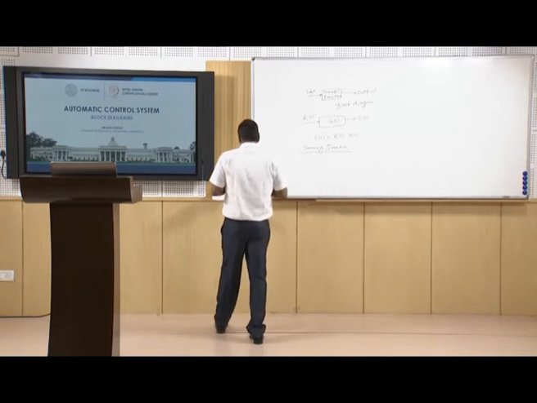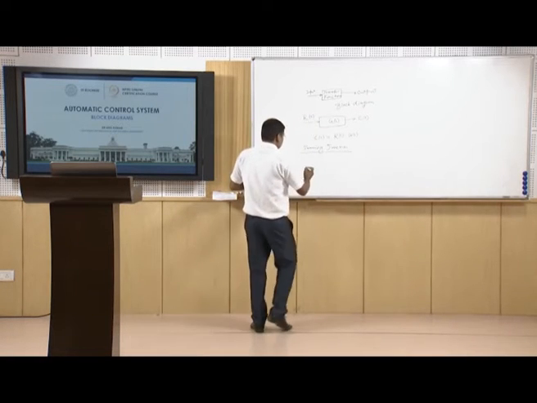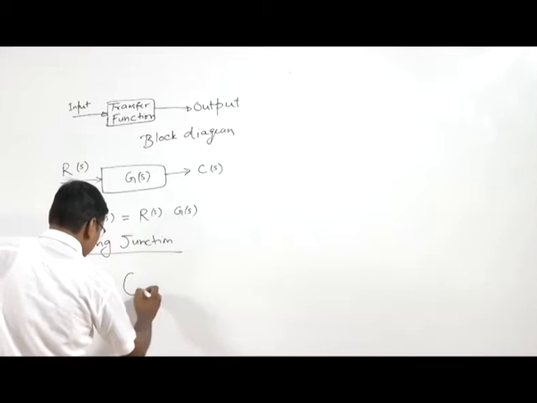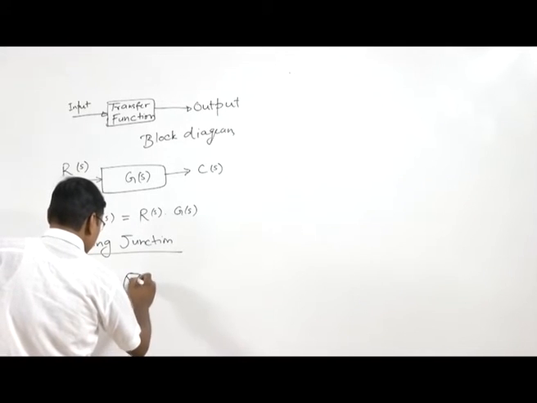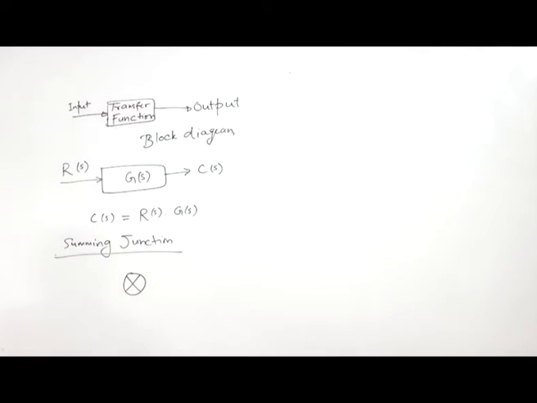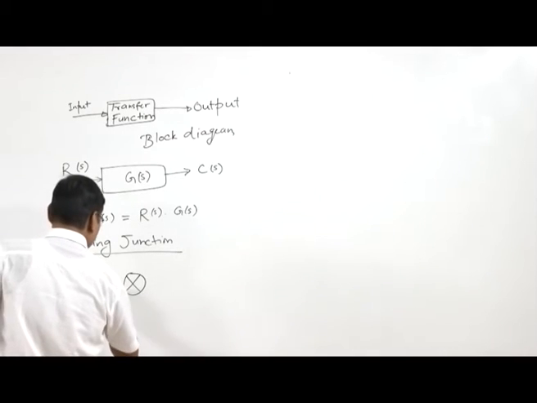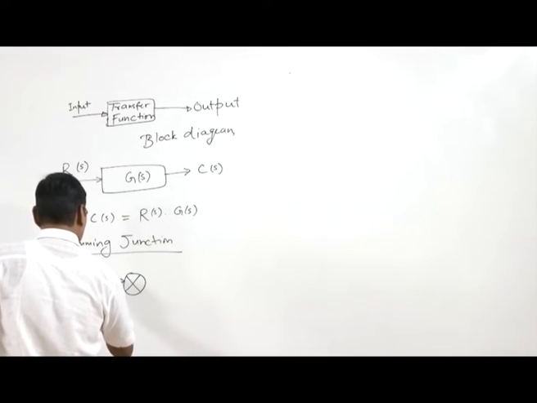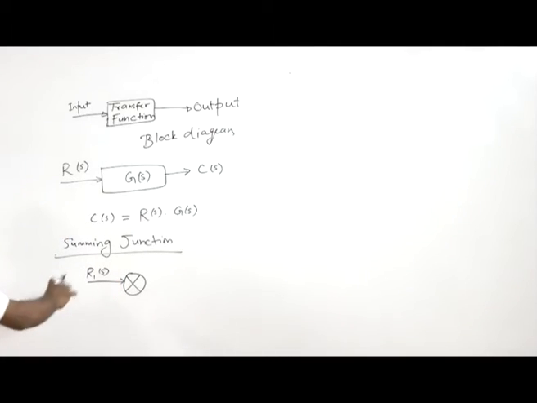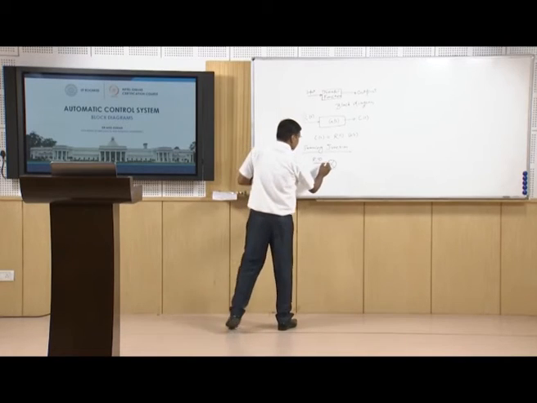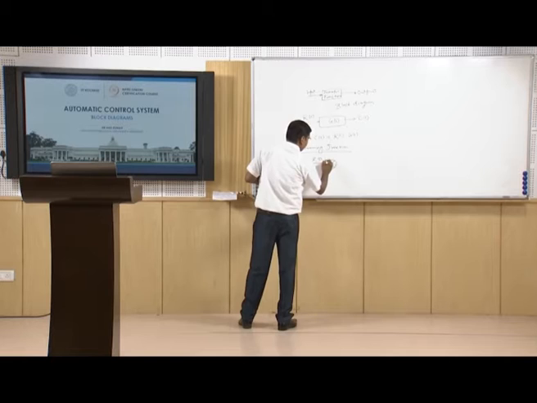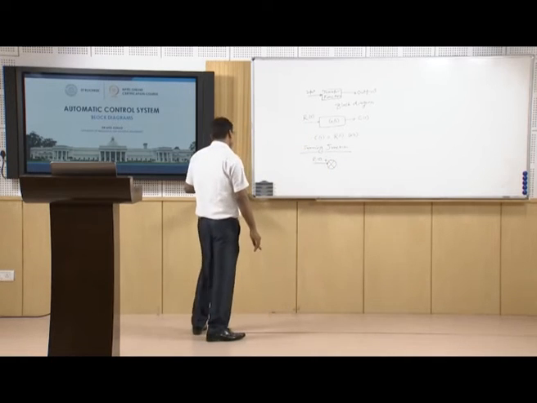So what is the property of a summing junction? Let's say we represent the summing junction like a circle and a cross, and suppose there is one signal R1(s) coming, and this has a plus sign, so this is going to be added.